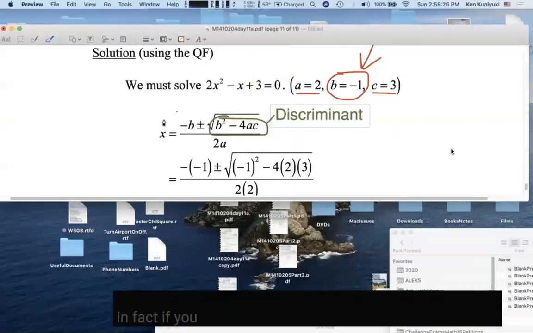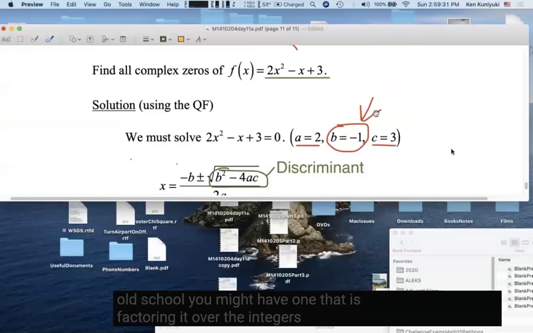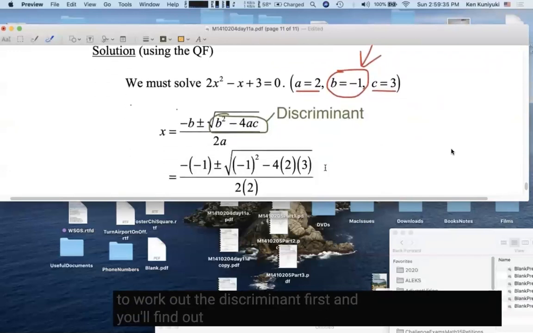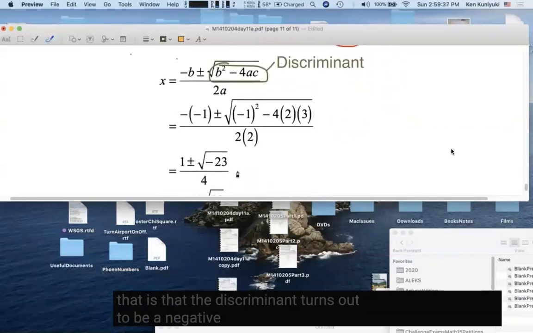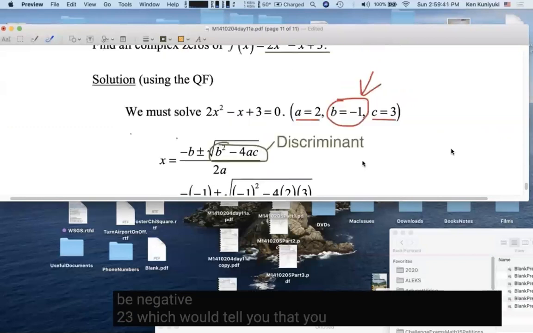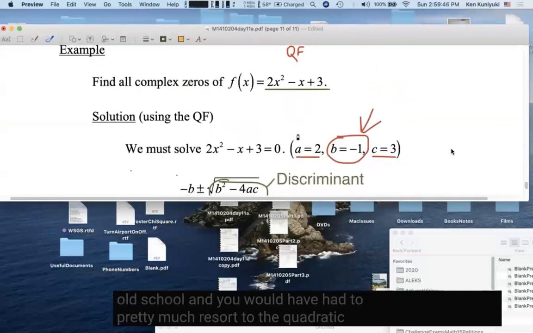In fact, if you were to ask yourself, can I factor this old school, that is, factoring it over the integers, you might have wanted to work out the discriminant first. You'll find that the discriminant turns out to be negative 23, which would tell you that you could not factor this old school.